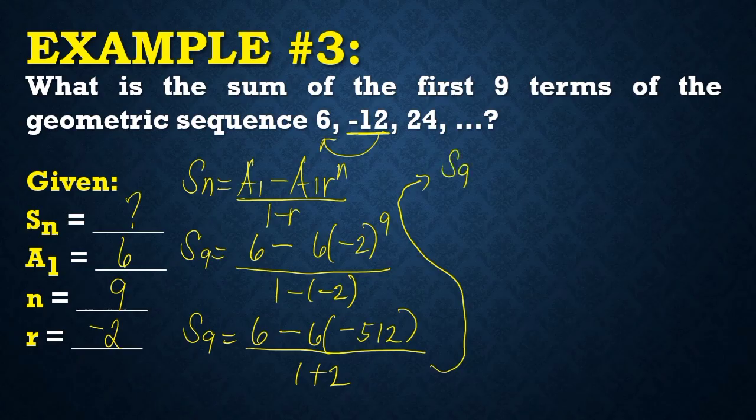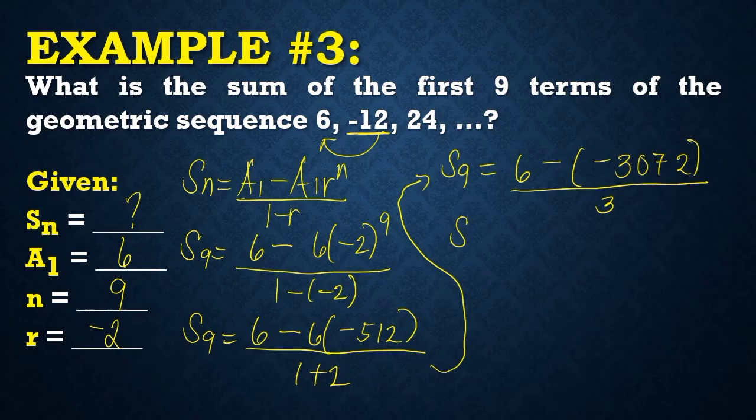So S sub 9 is equal to 6 minus 6 times negative 512. So magiging minus negative 3072. And then all over 1 plus 2, that is 3.